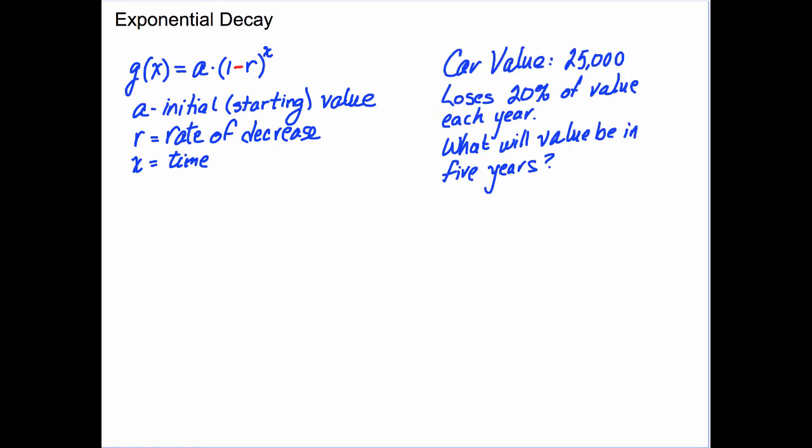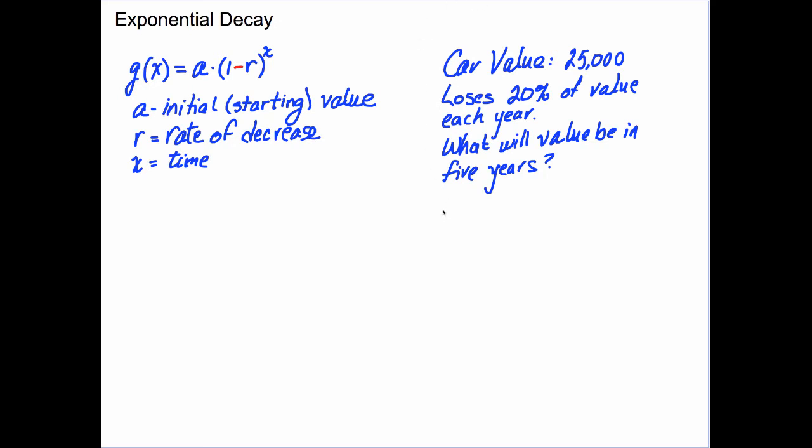So let's take an example. A car is valued at $25,000 when it's new, and it loses 20% of its value every year. So the question is, what will the value of the car be in 5 years?